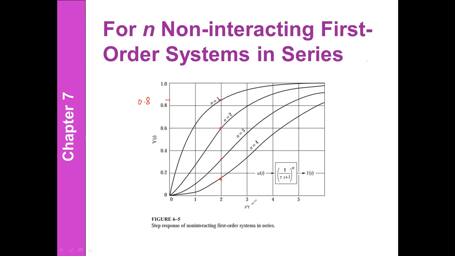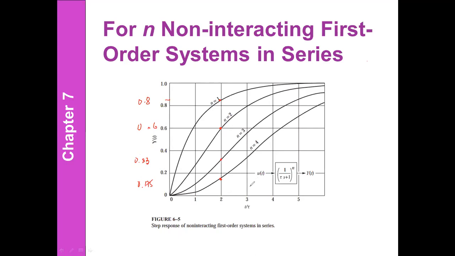But given the same T over tau value of 2, if you have 2 tanks, it only reaches 0.6 of its ultimate, where this one reaches 0.8. In here, for the 3, even lesser, so you can more or less have 0.3233. And in here, you have around 0.175.